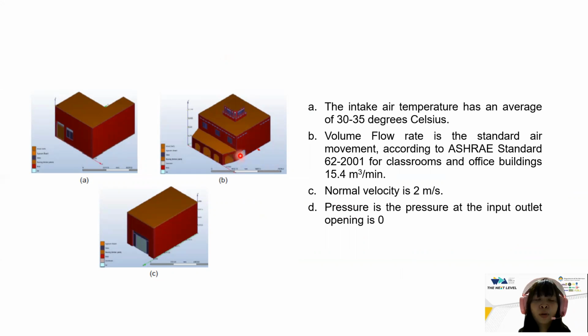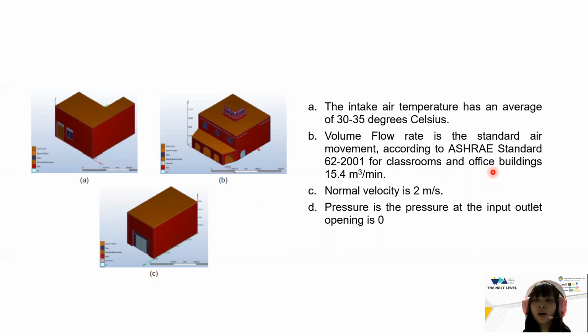We edited the materials from Revit, like the inlet and outlet windows. The first is the intake air temperature, which averages 30 to 35 degrees Celsius, and the volume flow rate is the standard air movement according to the ASHRAE standard.